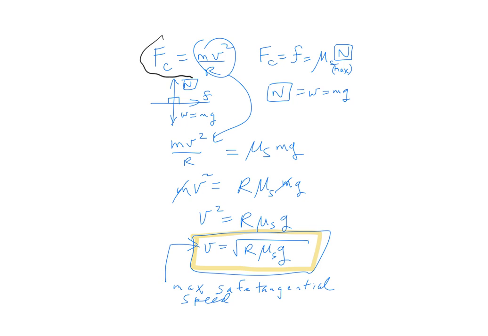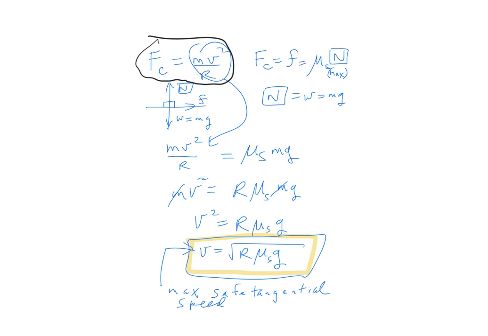We start out with this equation, and then we know the centrifugal force is a static friction, and there's an equation from the past in dynamics. Static friction is mu, the coefficient of static friction, times the normal force. On a flat road, the normal force is equal to the weight, which is equal to mg.